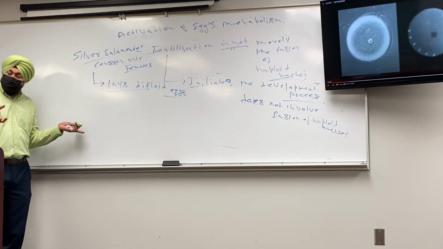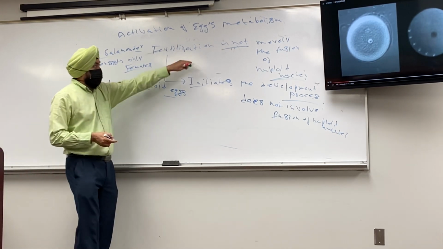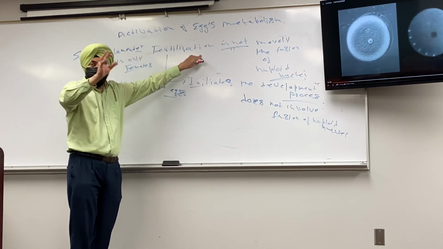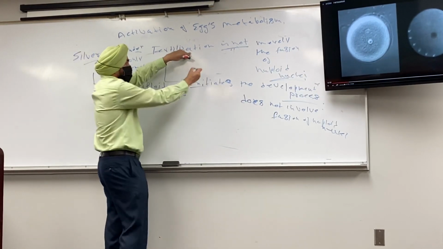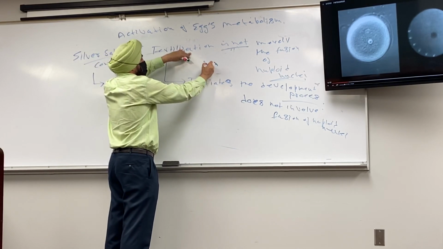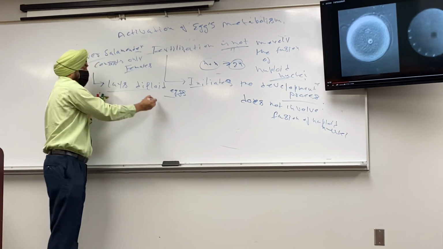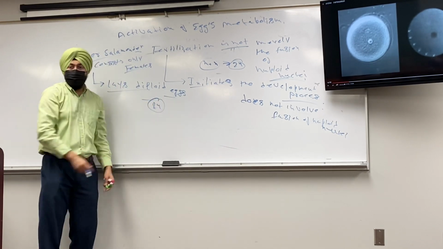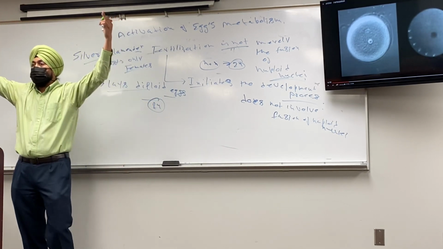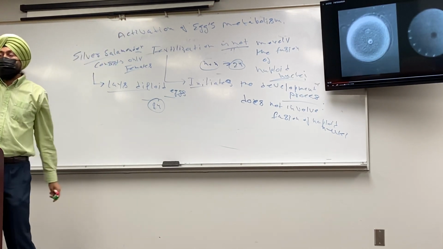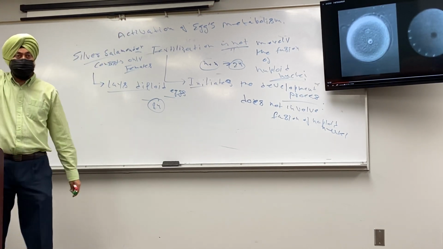Now, a diploid egg is there. You will say, hey, if the purpose of fertilization is having n plus n making 2n, then this diploid egg, which is already 2n, should just start developing, right? Because it has the chromosome number, just lay the egg and start the formation of a new organism.